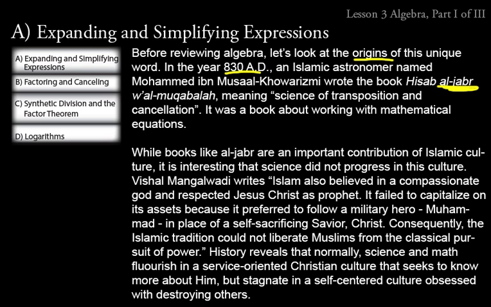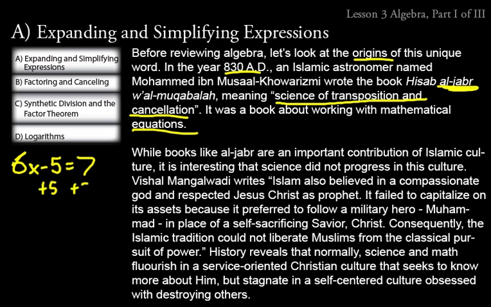That book, I'm not going to try to pronounce the whole thing, just means the science of transposition and cancellation. So it's a book about working with mathematical equations. For example, if you had this equation, 6x minus 5 equals 7. Applying al-Jabr, adding plus 5 to both sides, in other words, like that.